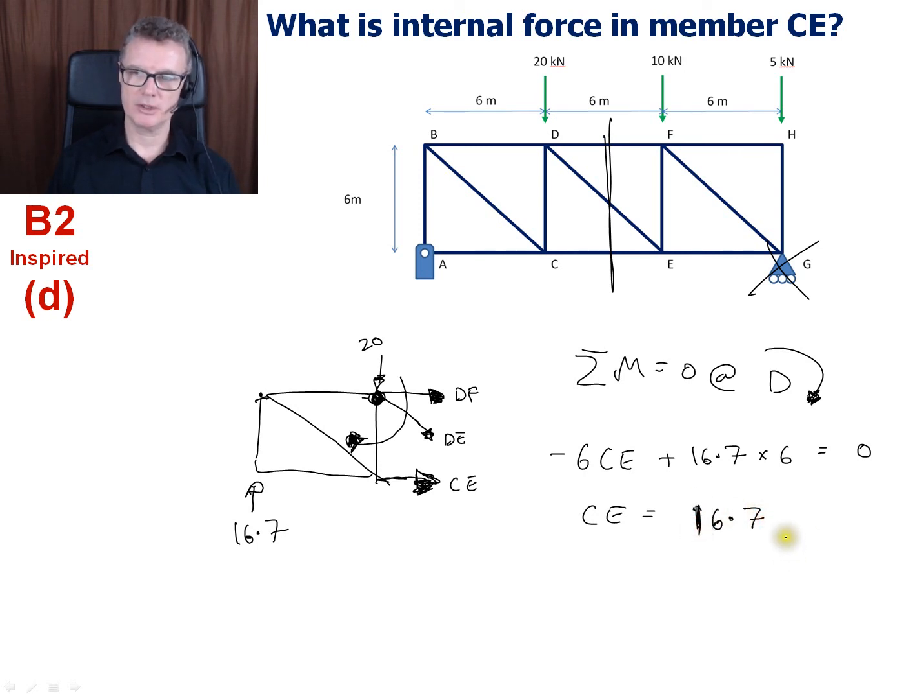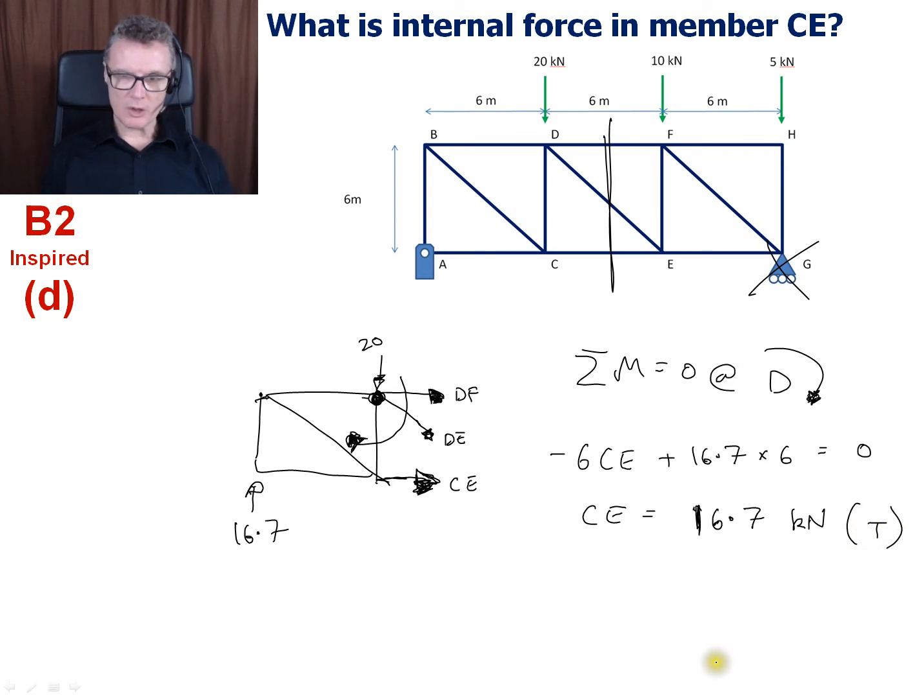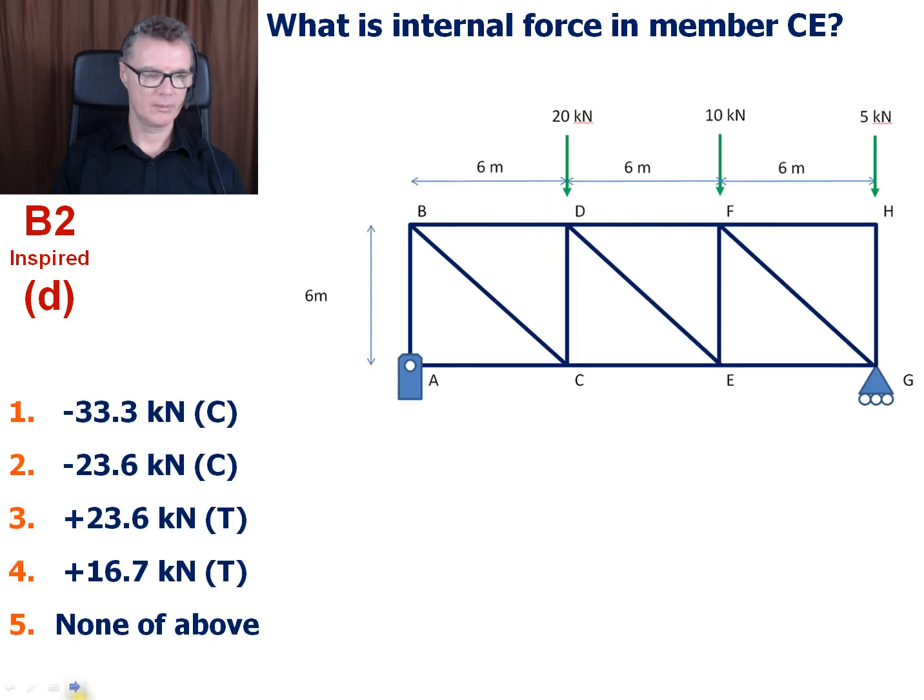Get rid of the factor 6. So it's positive, so it's tension. So we're looking for a positive 16.7, please. So hopefully you selected option number 4.